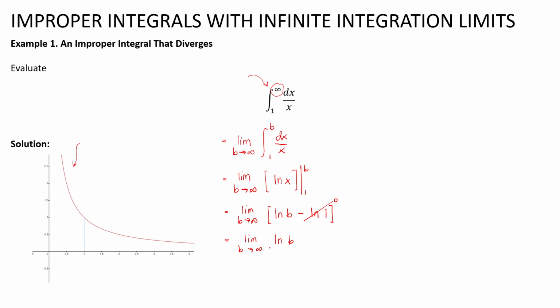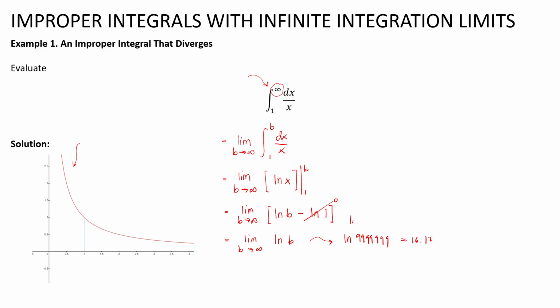I think you know how to evaluate this one coming from your differential calculus. For those of you who have already forgotten how to apply this one, try to put a very large number in your calculator. Let's say ln of 9999999, seven nines. Notice that it's a big number. This will give you approximately 16.12.